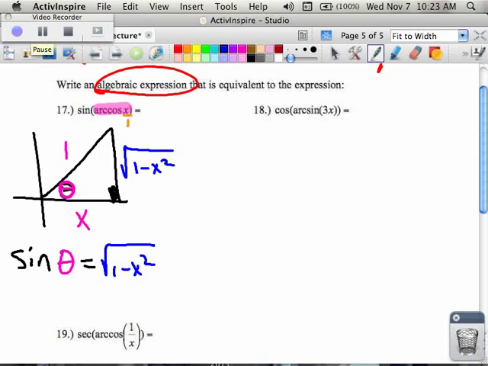Okay, the 3 minutes are up. If I look at the inside stuff, it says arc sine 3x. I know that whenever I see an x thing, the first thing I think about is drawing a triangle inside of the first quadrant.